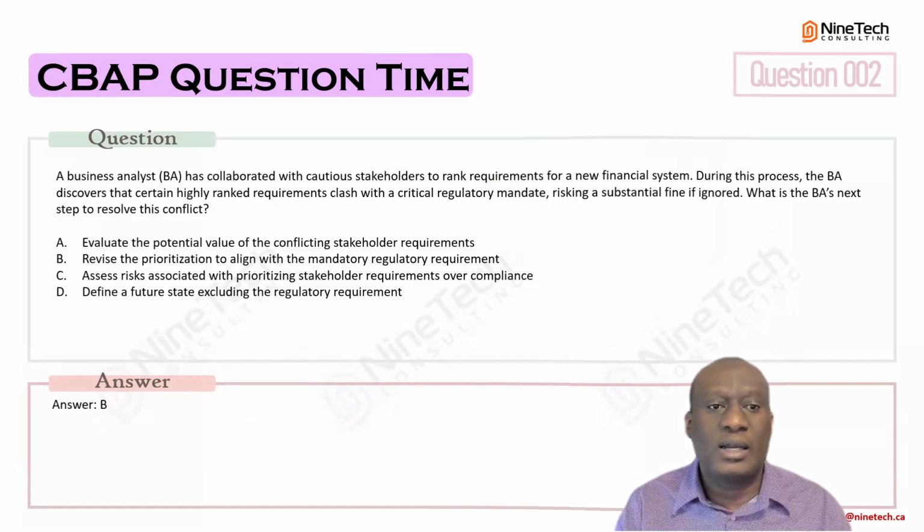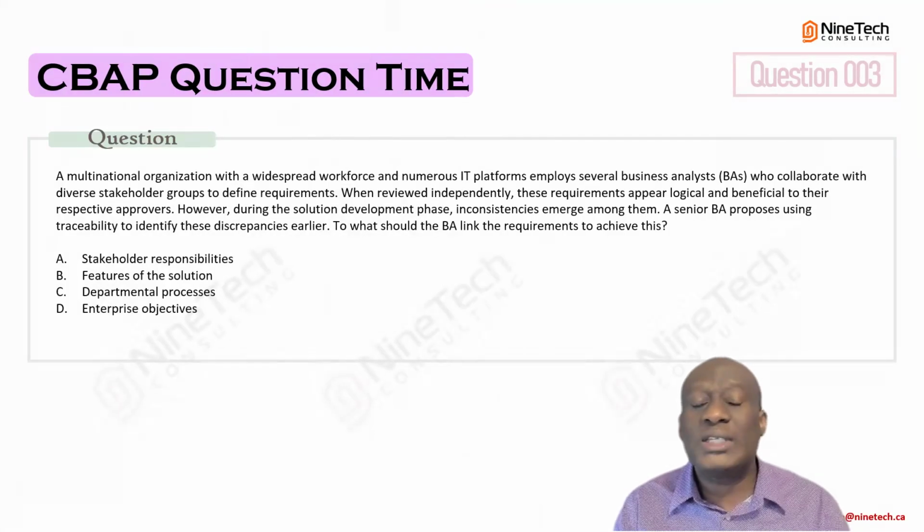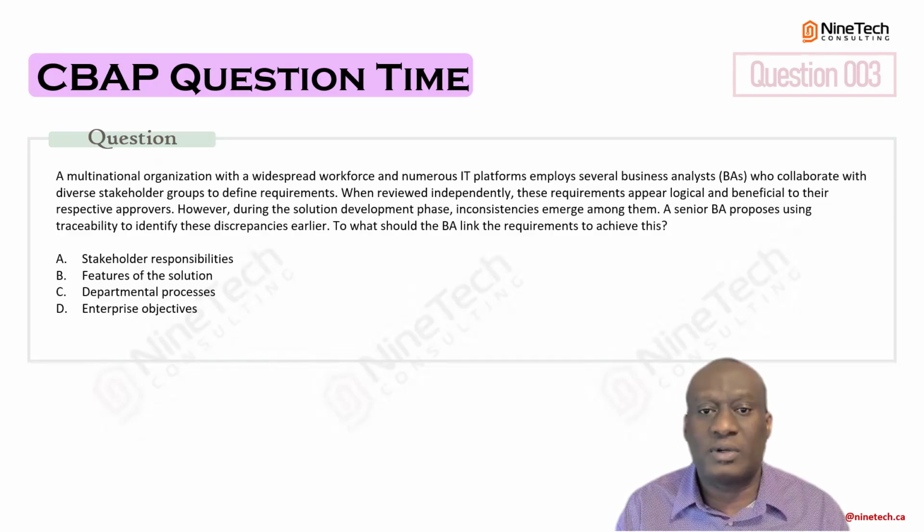That is B. Number three, a multinational organization with a widespread workforce and numerous IT platforms employs several business analysts. So we have several BAs working on this project who collaborate with diverse stakeholders to define requirements.